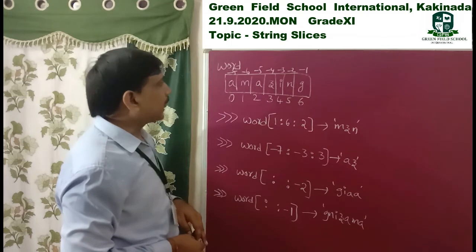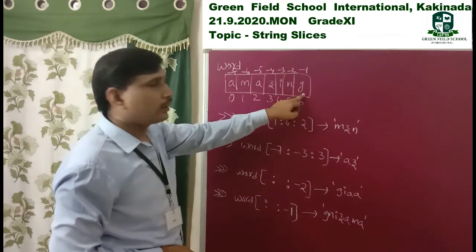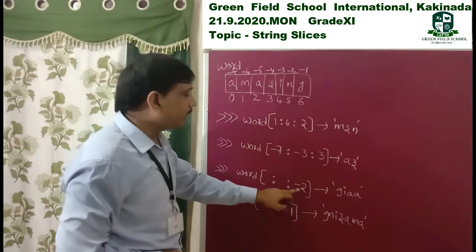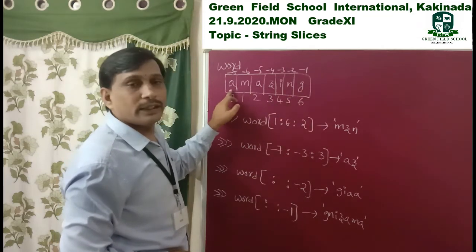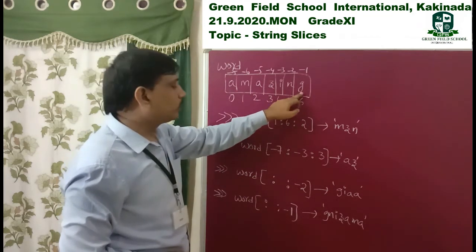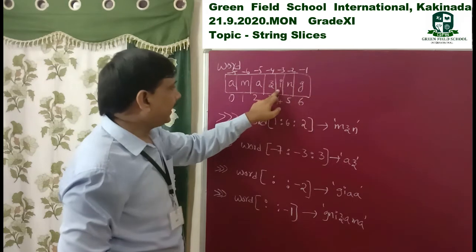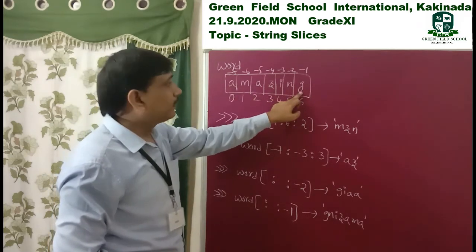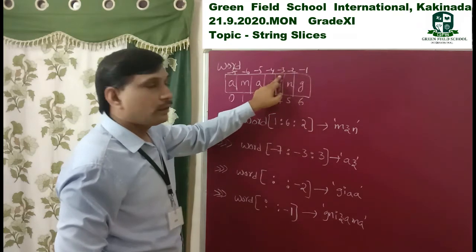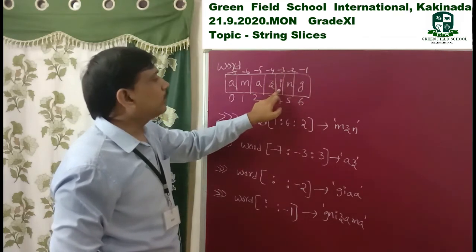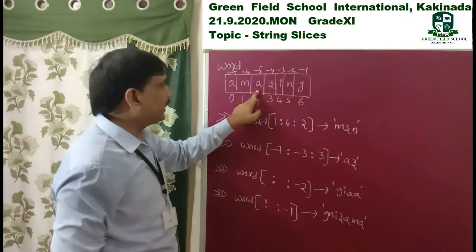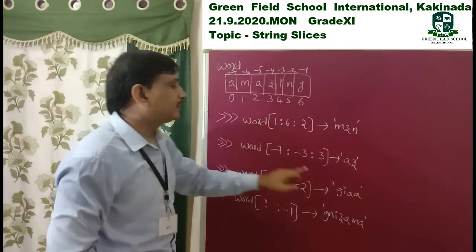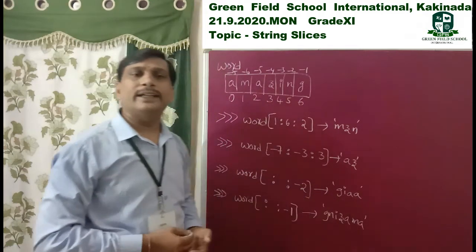Then we start from -1 to -7, each and every time backward incrementation. So we start Z, I, A, Z at -1. Then incremented by 2. So I, increment 2, A, increment 2, A. Z, I, A is the right output.